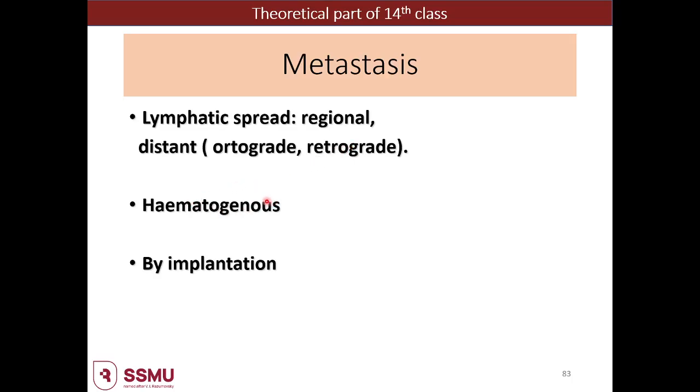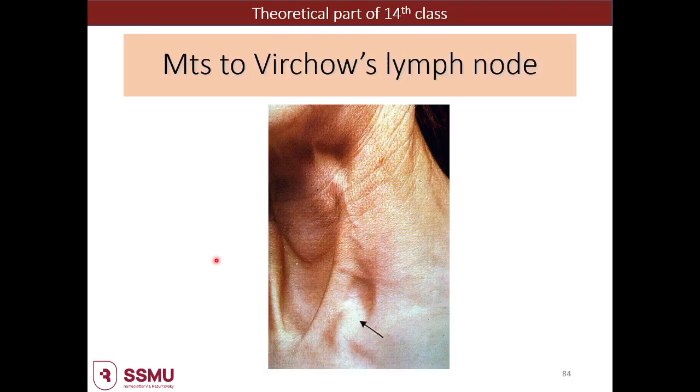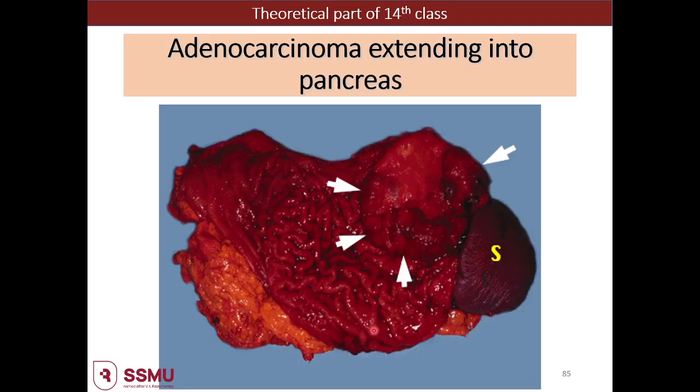Hematogenous metastasis typical for stomach cancer is to the liver, and by implantation it is metastasis to the pancreas. On this slide we may see Virchow metastasis, and metastasis of cancer will be found in these lymph nodes. Adenocarcinoma by the implantation way to the pancreas.